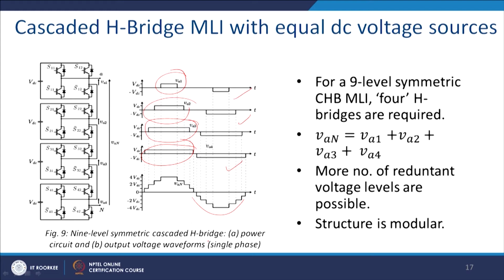For 9 level we require 4 bridges, because it is 2K plus 1. For a 9 level symmetric H bridge multilevel inverter, 4 bridges are required, giving VA1, VA2, VA3, VA4. More redundant voltage levels are possible, and the structure is modular. If you want 11 levels instead, you just connect another bridge.